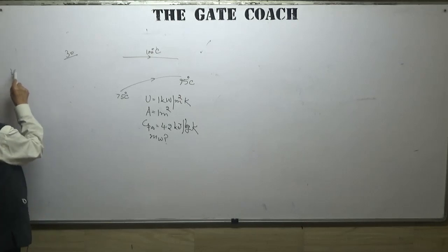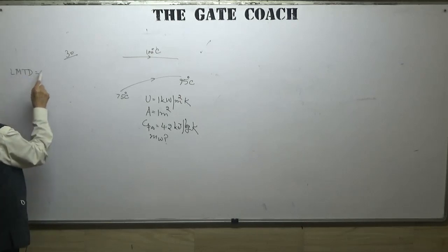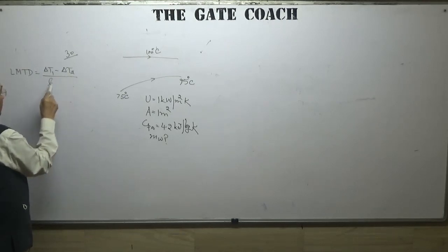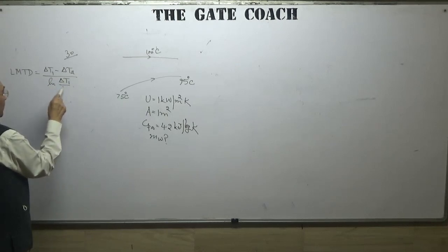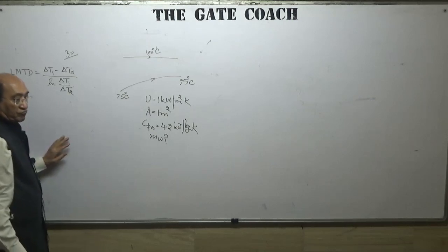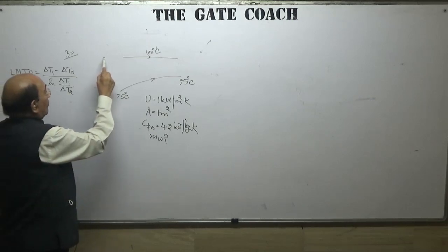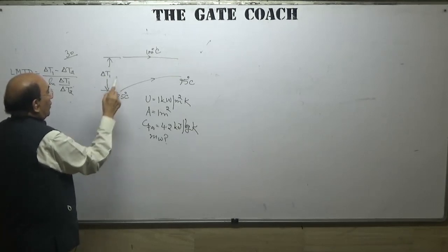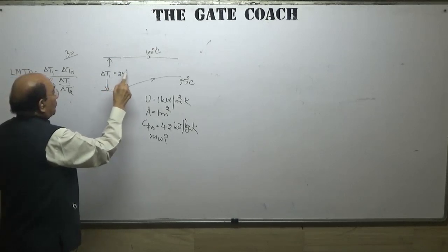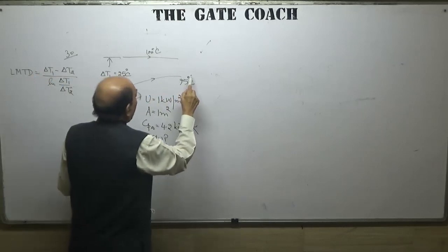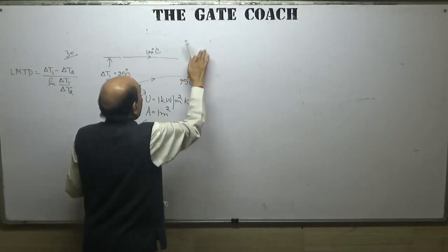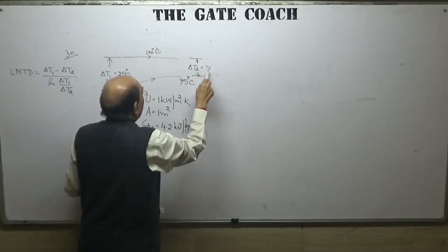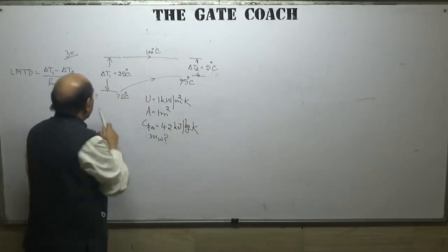So we can determine the LMTD, which is delta T1 minus delta T2 upon log of delta T1 upon delta T2. This difference delta T1 happens to be 25 degrees centigrade, and delta T2 is 5 degrees centigrade.